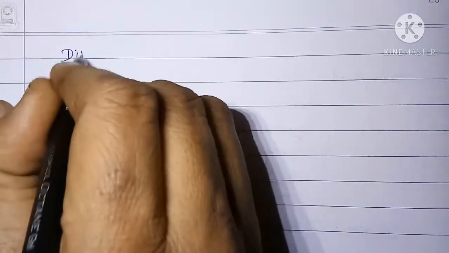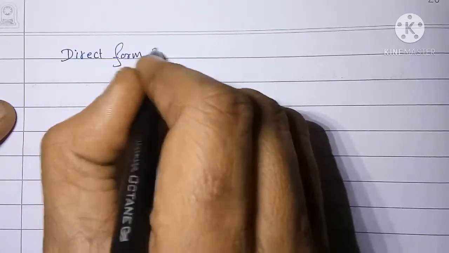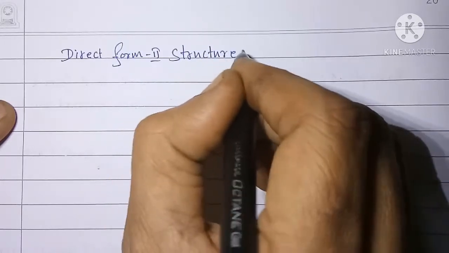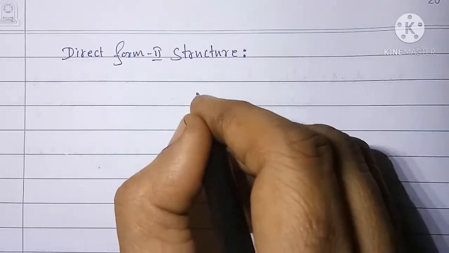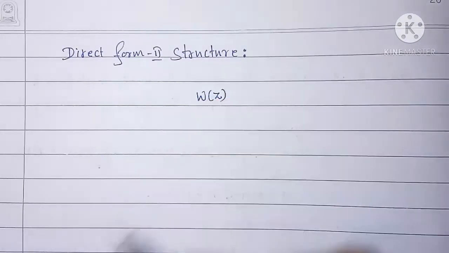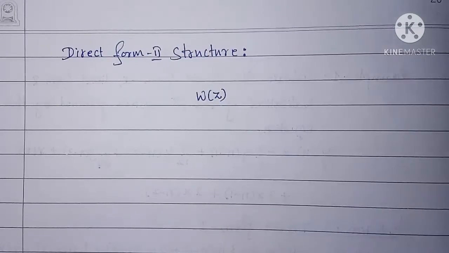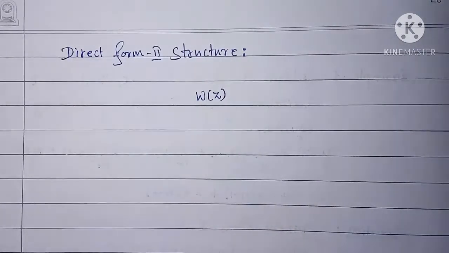Okay. Now write here direct form 2 structure. Write at the center W of Z and see how many delay units are there in direct form 1 structure. Highest number of delay units you have to count here.